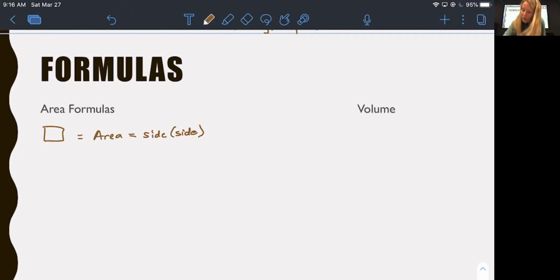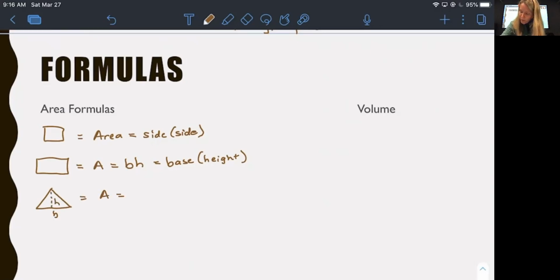If it's a rectangle, the area is going to be base times height or length times width. If it's a triangle, it's half of a rectangle, so the area formula is base times height divided by 2, or half base times height, however you like looking at it better.